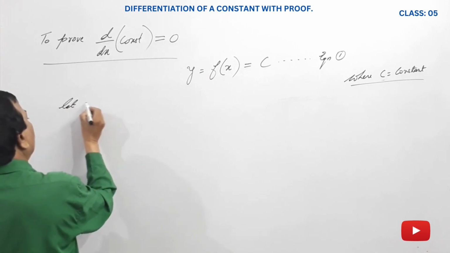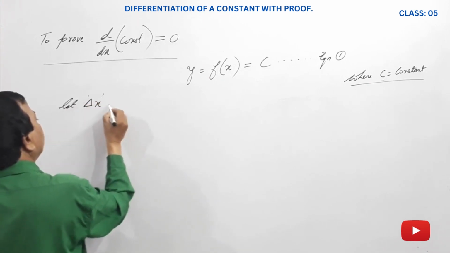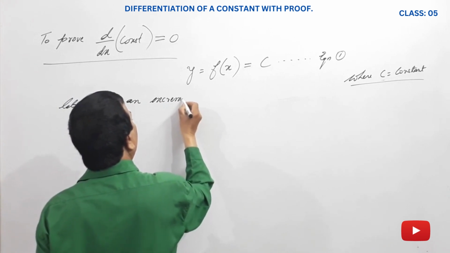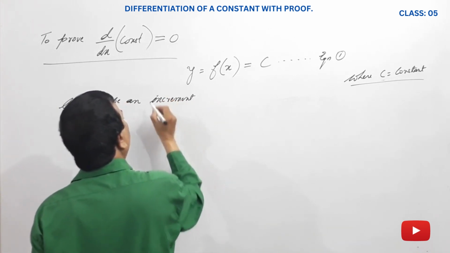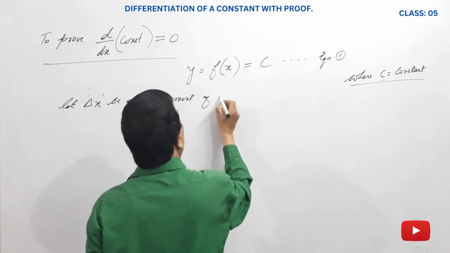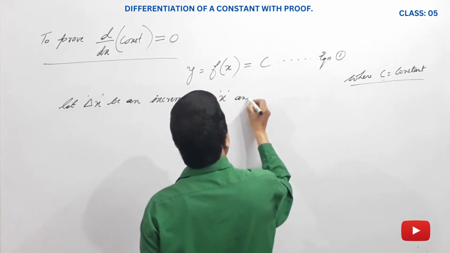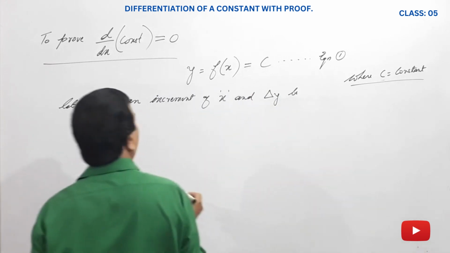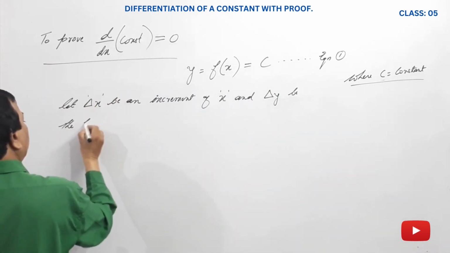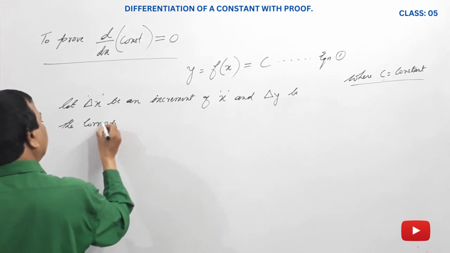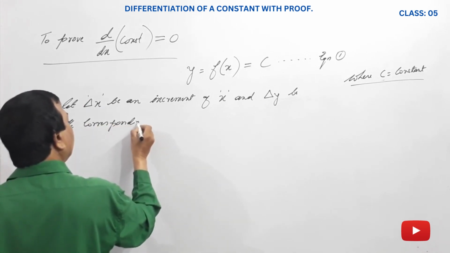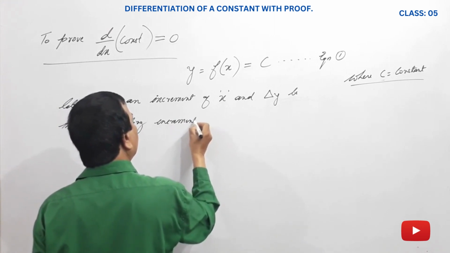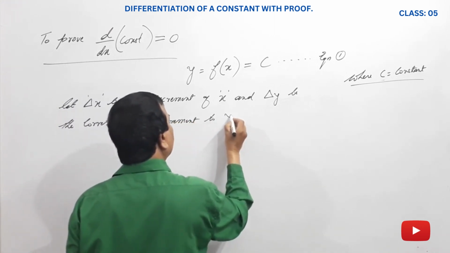Let delta x be an increment of x and delta y be the corresponding increment to y.